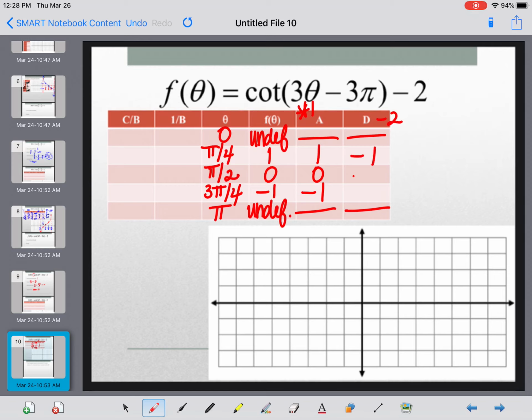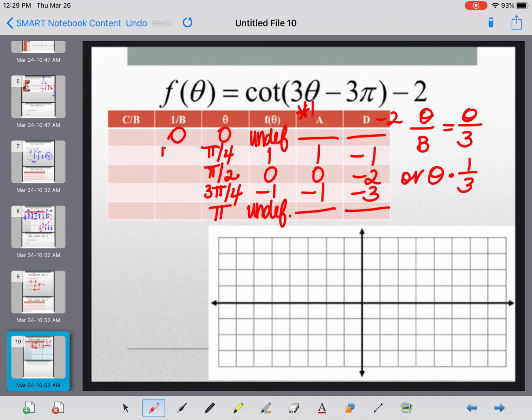And then D, we are subtracting 2. Theta divided by B is going to be theta divided by 3, or theta times 1/3 if we have a fraction.